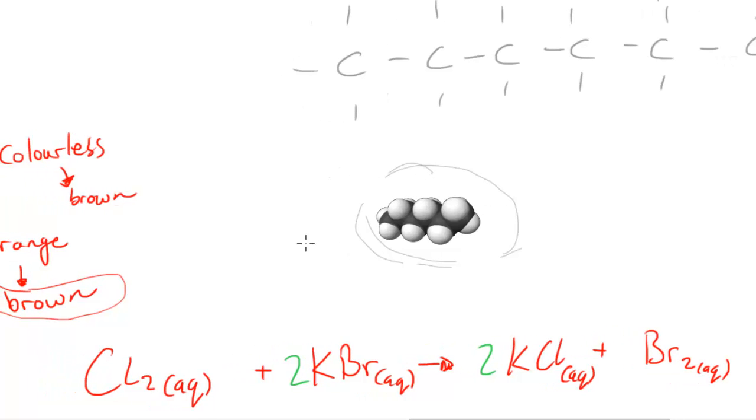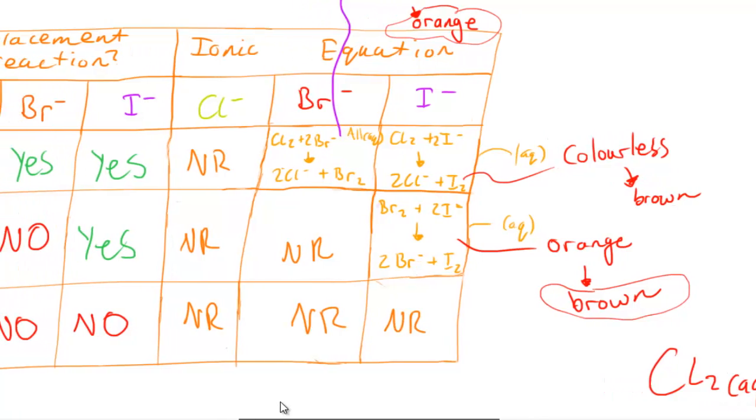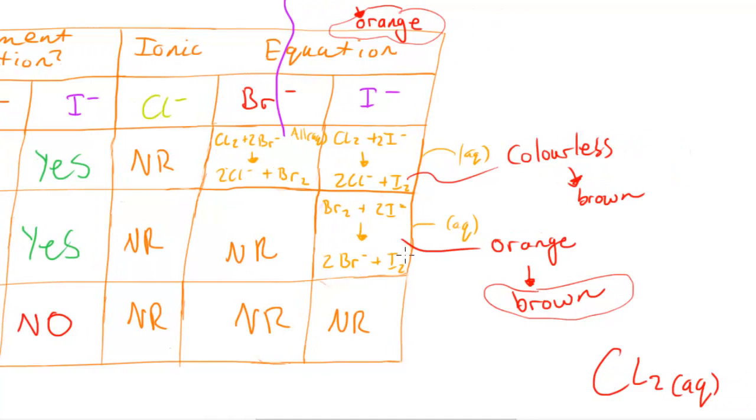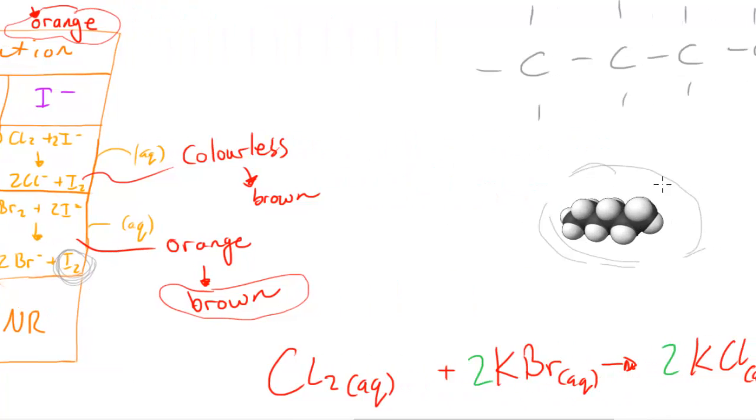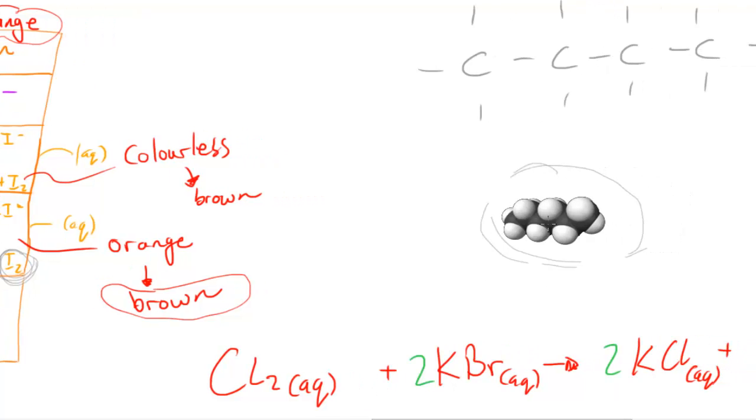So when we add this, the halogens which form actually dissolve in that solvent, and the color of the solvent will go from colorless to a specific color which is specific to that particular halogen.